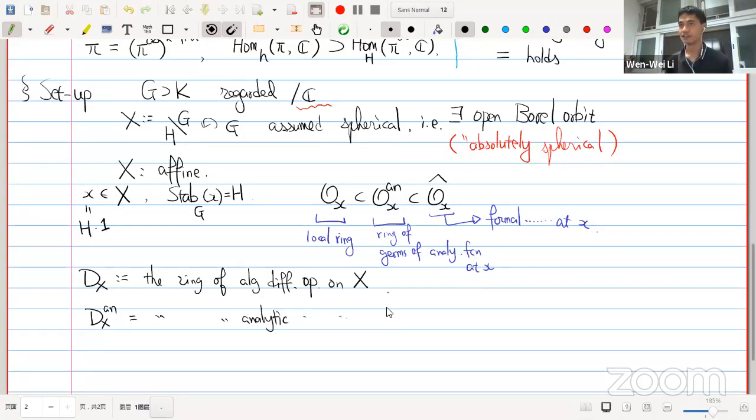Now we have a G action on X, so we get a natural map from U(g), the enveloping algebra, into D_X. That's a map of algebras.